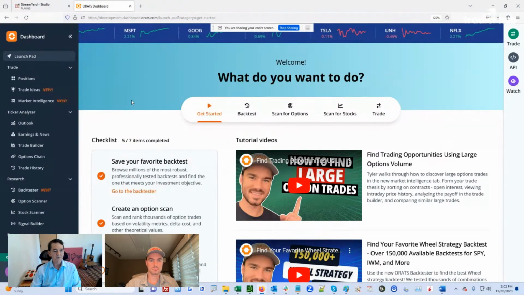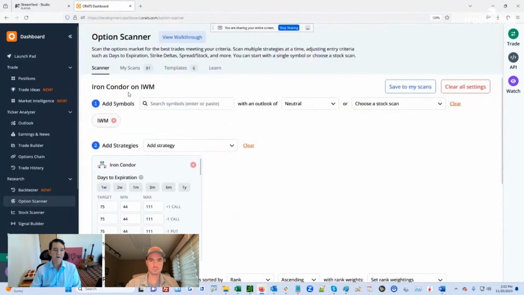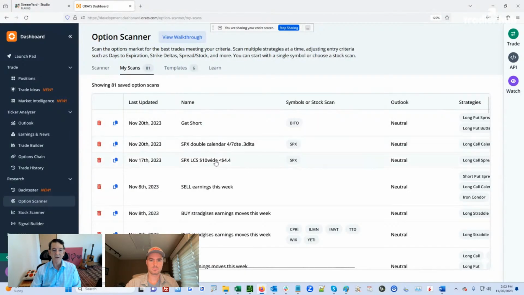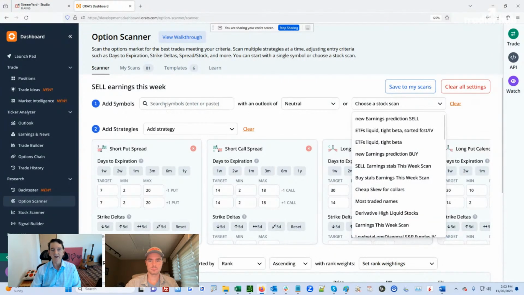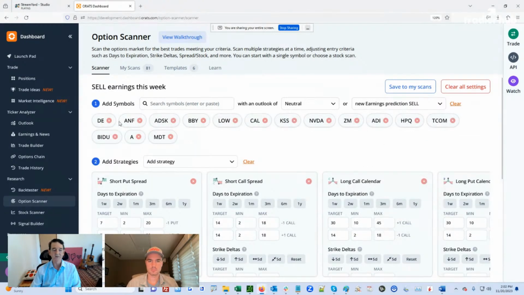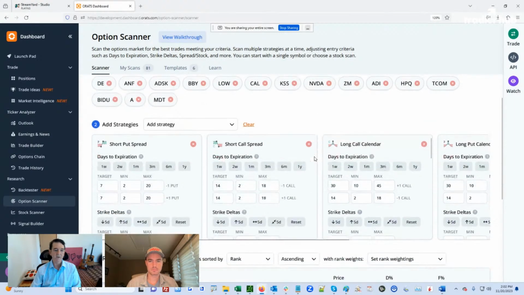So yeah, PANW is Palo Alto Networks. And we found a trade by going into our option scanner, and we had an earnings trade where we have these templates that you could use, and they can interact with our stock scanner, and our stock scanner basically finds the trades for companies coming up, and then it finds some ways to play it short.